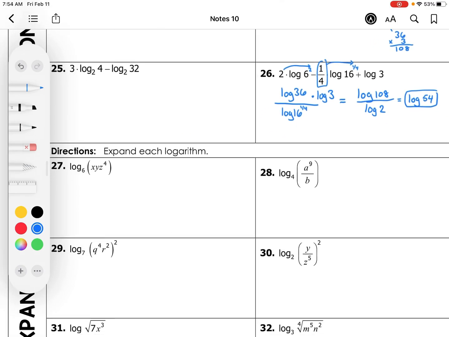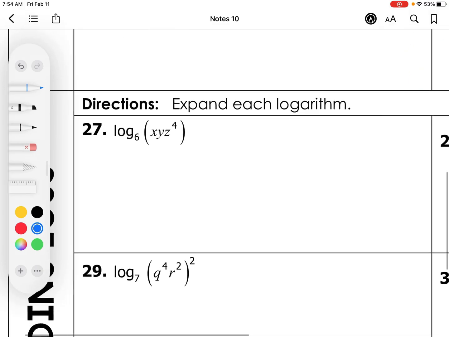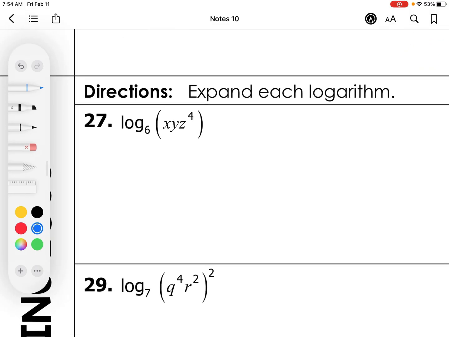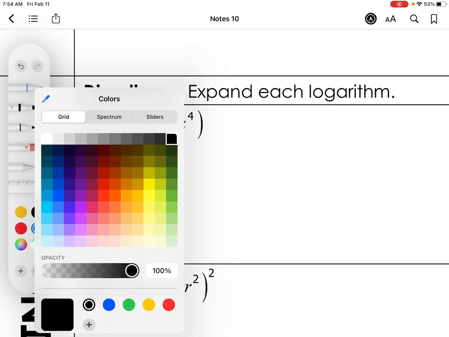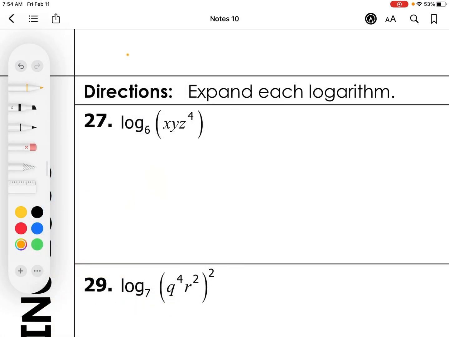Now, going to expanding. Let's start with 27. Here we're going to write multiple logs. Let's go with this color. Let's go with orange. We have some multiplication going on. So that means we're going to add. So log base 6 of x. And then we're going to add another log base 6, but in this case y.